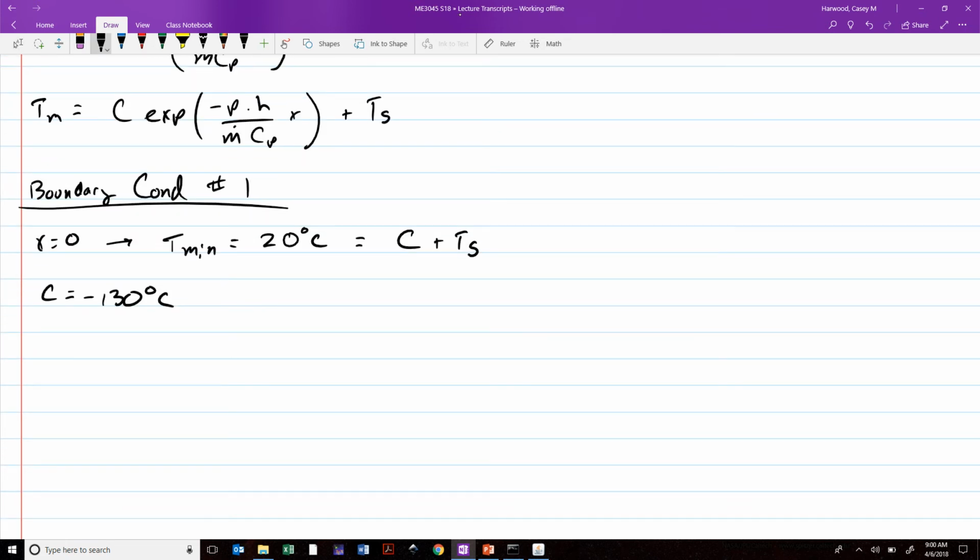And we can write our particular solution now as Tm equals Ts minus 130 degrees Celsius times exponent negative P h x over m dot Cp. Great. It's pretty straightforward, but we're kind of stuck now.